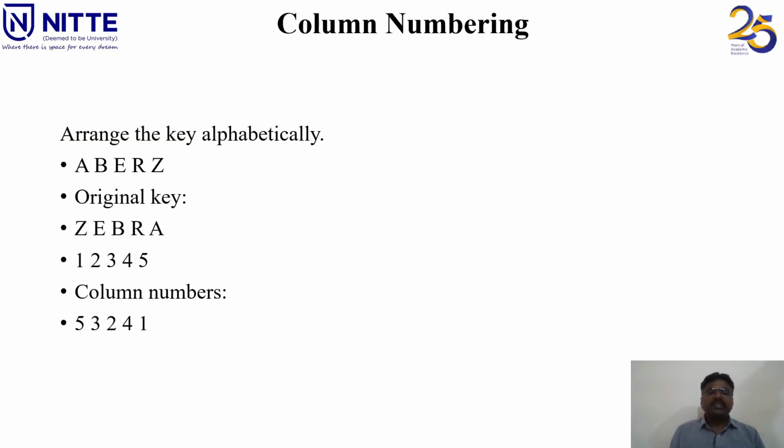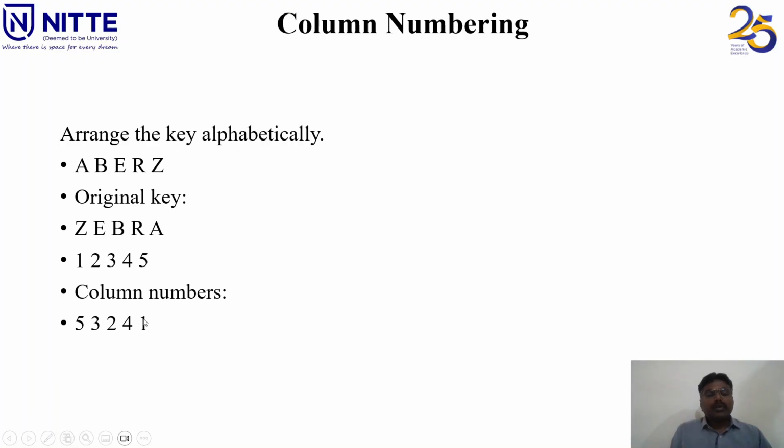The next step is that we need to arrange the key alphabetically. The original key is zebra, so 1, 2, 3, 4, 5. I have given the numbers for each letter in the original key. When I arrange the original key letters in alphabetical order, the key value will become 5, 3, 2, 4, 1.